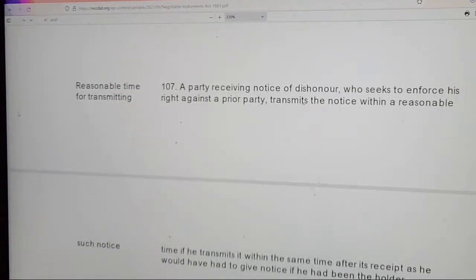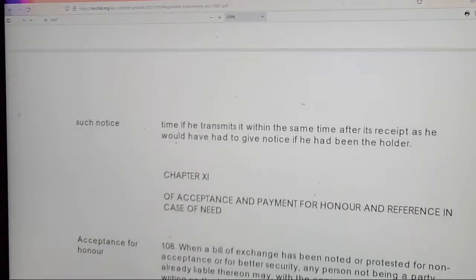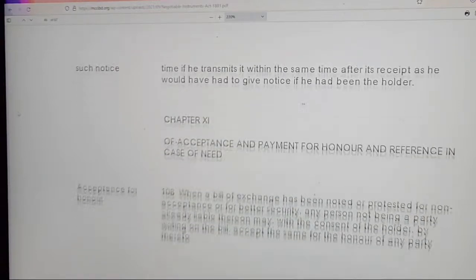Reasonable time for transmitting. 107. A party receiving notice of dishonor who seeks to enforce his right against a prior party transmits the notice within a reasonable time if he transmits it within the same time after its receipt as he would have had to give notice if he had been the holder.